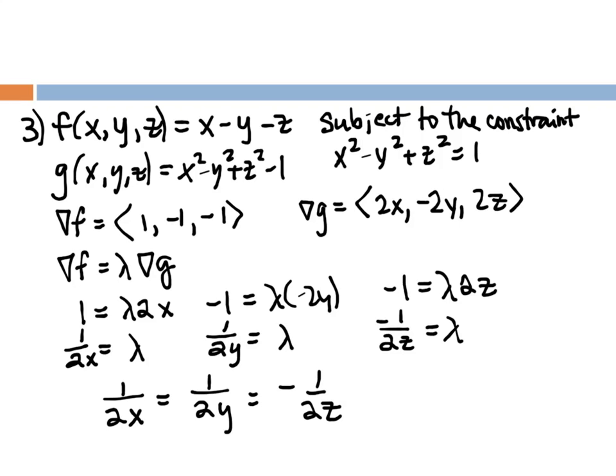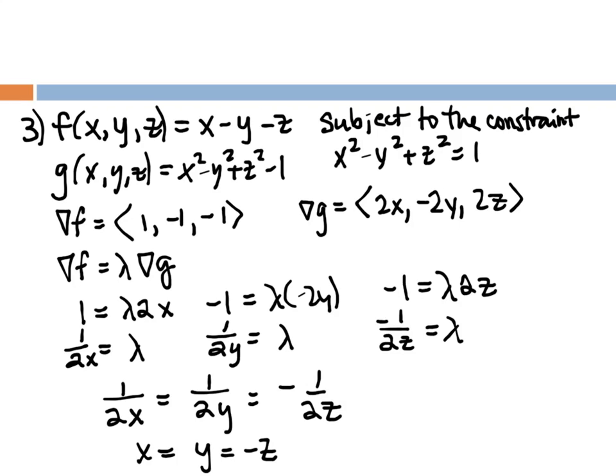I know you're not, I don't want to say comfortable, that's not really the idea, but we don't do a lot of triple equalities with things. But if these are all equal, and they are, then what can we recognize about x, y, and z? X is equal to y, and it's equal to negative z, exactly.